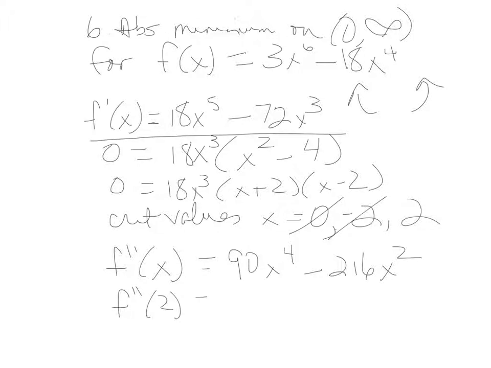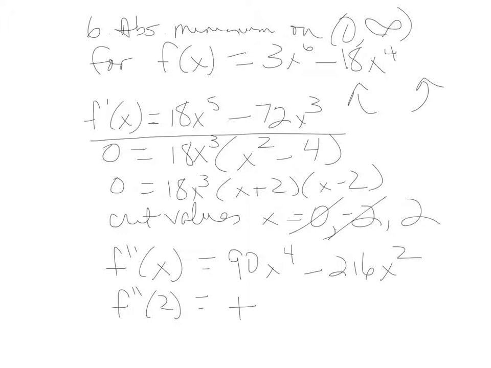I'm not checking for concavity. I don't have to do a sign analysis here. I just need to see, do I get back a positive number or a negative number when I plug in 2? Tell me what you get back. You get back a positive number, don't you?